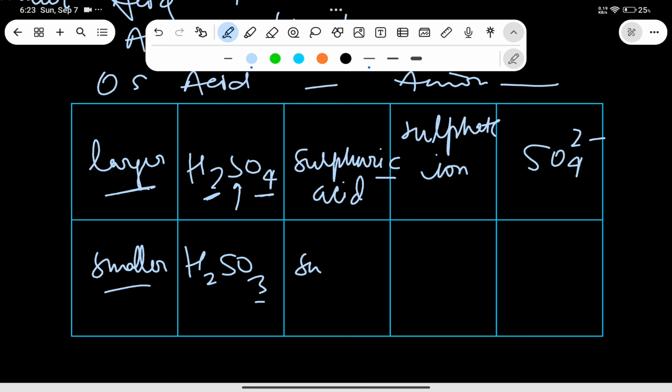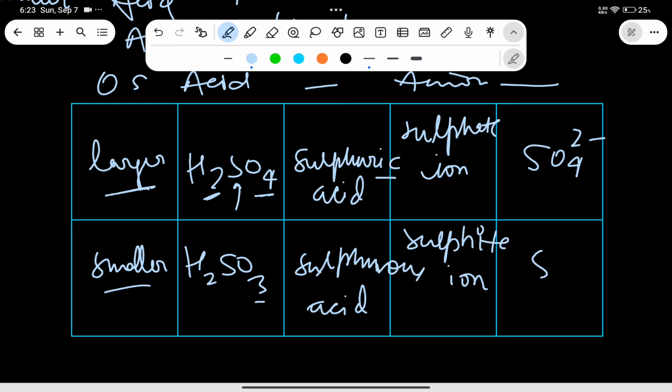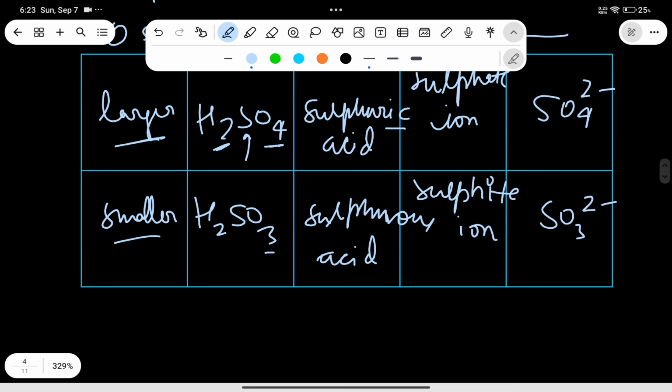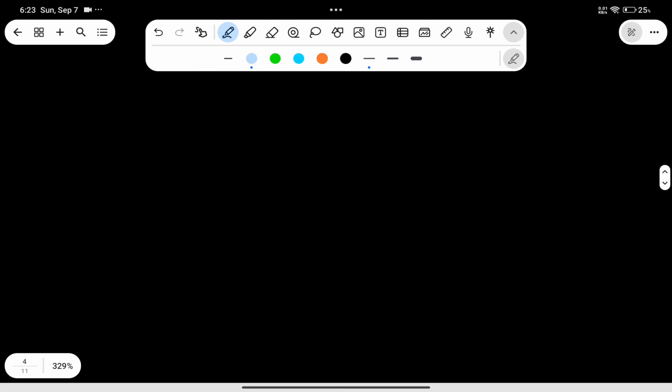Then you have sulfurous acid, and accordingly the anion would be sulfite ion, with SO3 2 minus. All right, so this was the example we did.